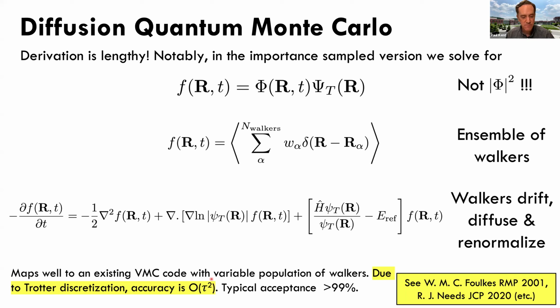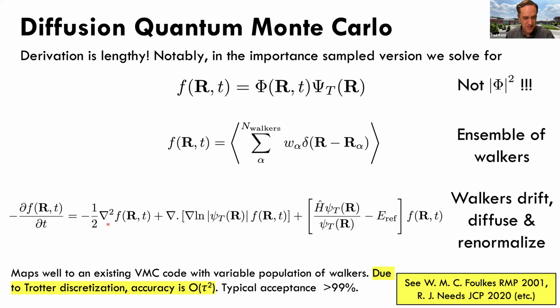And one thing I want to flag up here immediately is that because of this additional discretization that's come in and the need to have a smaller time step to keep this approximation small, the typical acceptance ratio you'll see in a diffusion quantum Monte Carlo calculation is going to be 99% or higher. I can't recall seeing a published quality calculation where it's 60% or something like that, because the error would simply be too large in general systems.